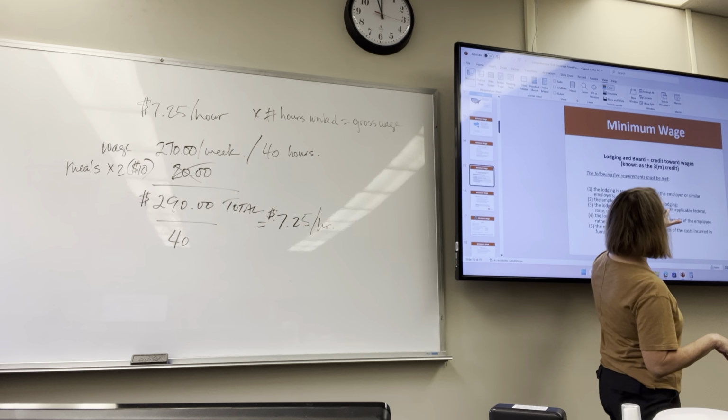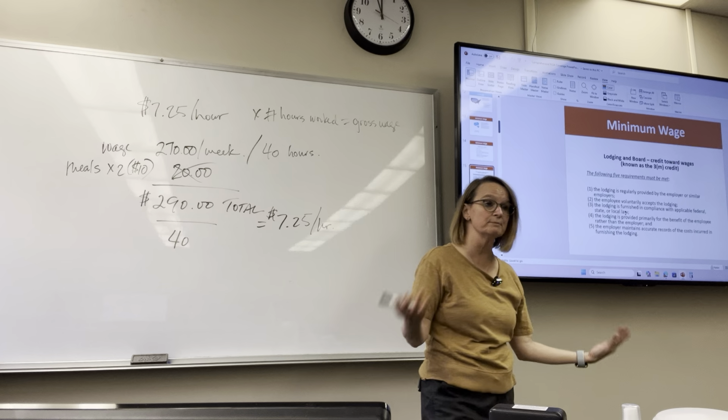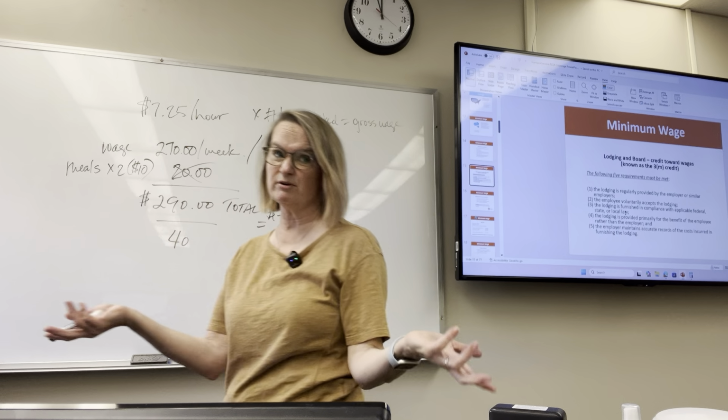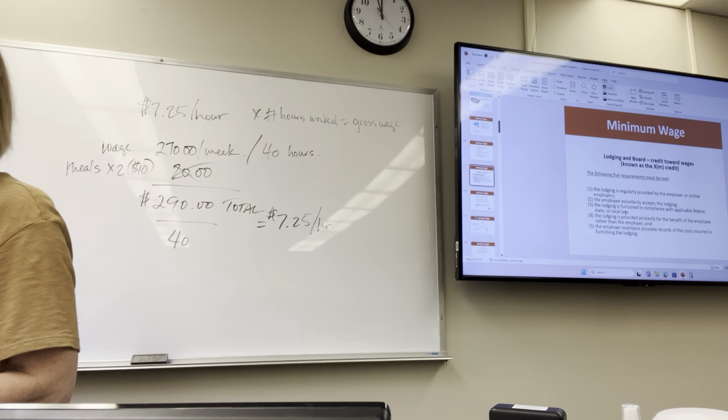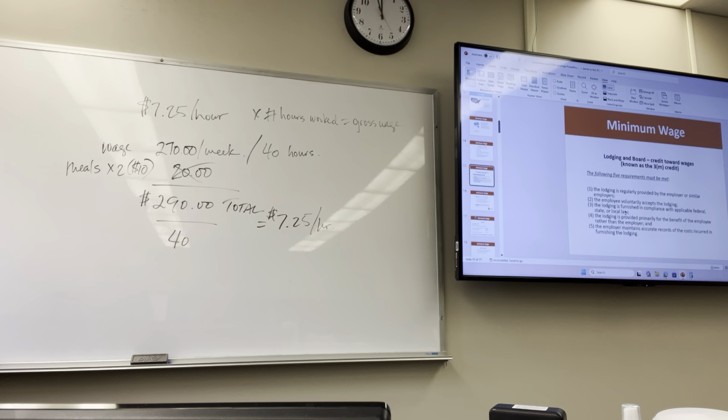First, it has to be regularly provided by the employer or similar employers. So it can't be something that's really out of the ordinary. Like if you're working at a CPA firm and it's tax season and you're working 90-hour weeks and your employer provides you a hotel room to stay in, that's not really ordinary.